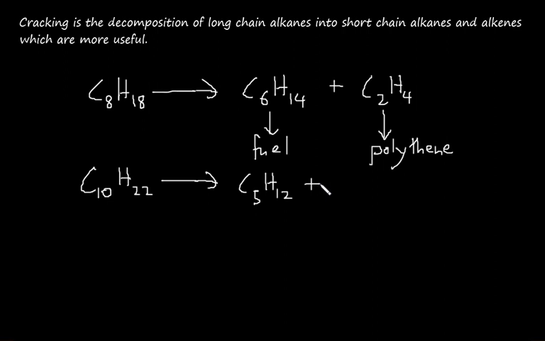But instead of one alkene, you'll get two alkenes as your product. So C3H6, propene, and C2H4, which is ethene. Keep that in mind.